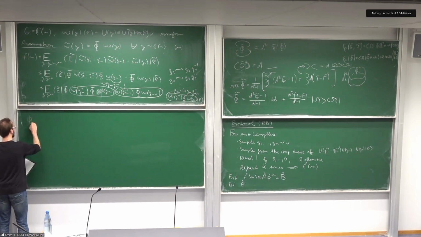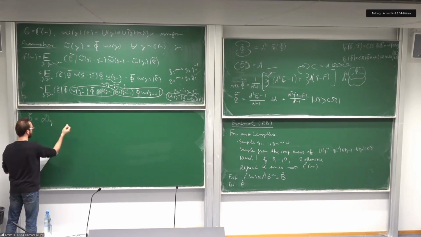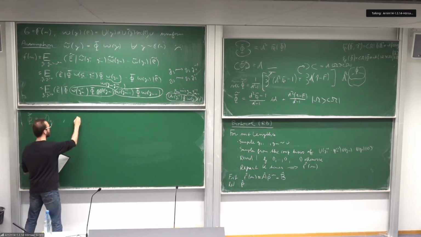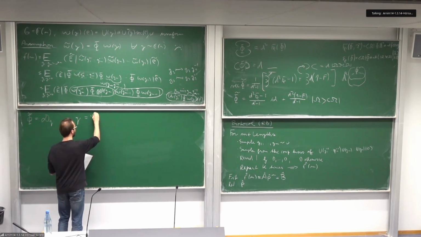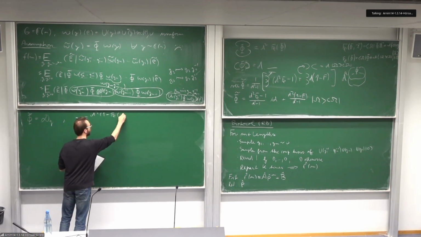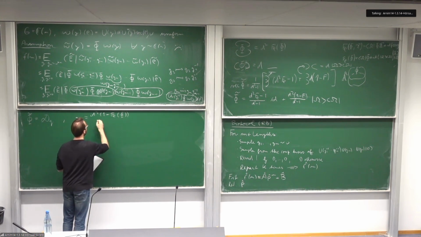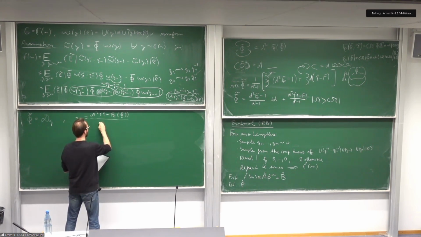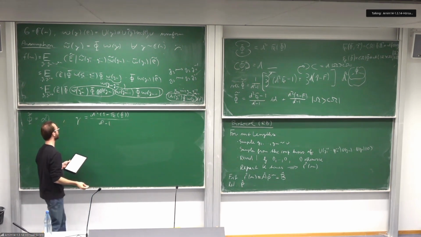What we now got is that phi tilde is the depolarizing channel of strength Q, where Q is d squared times 1 minus the entanglement fidelity of the original error channel, over d squared minus 1. Right?